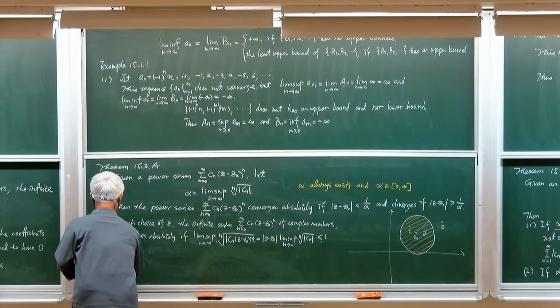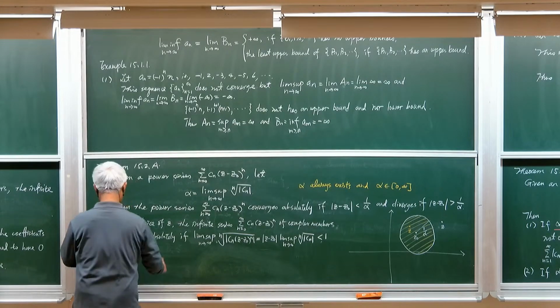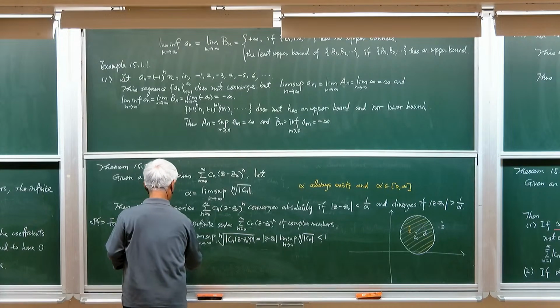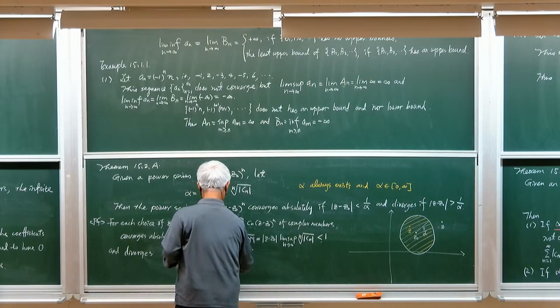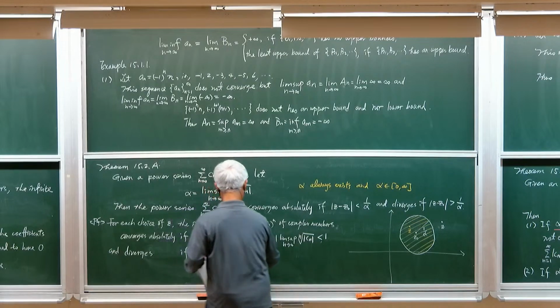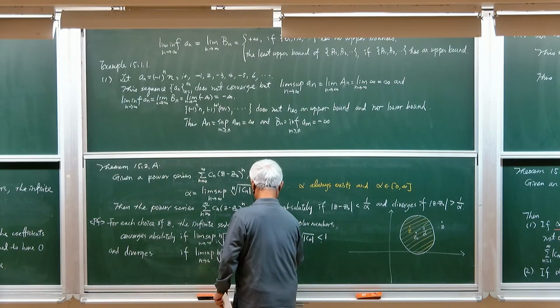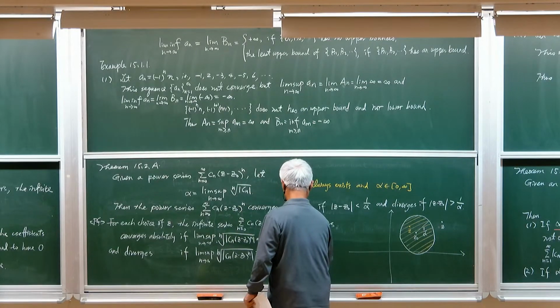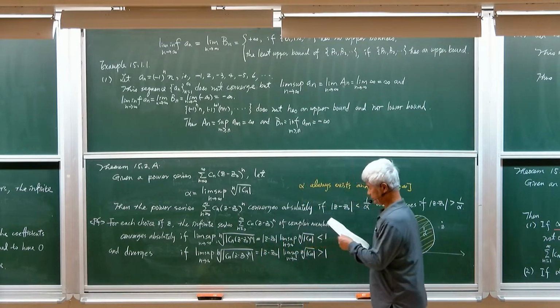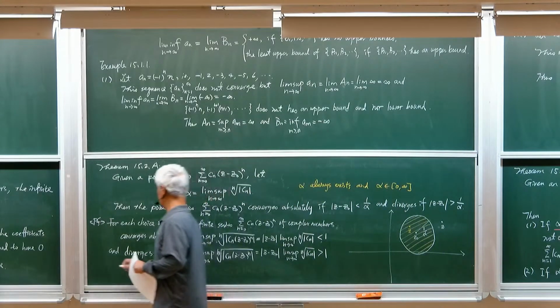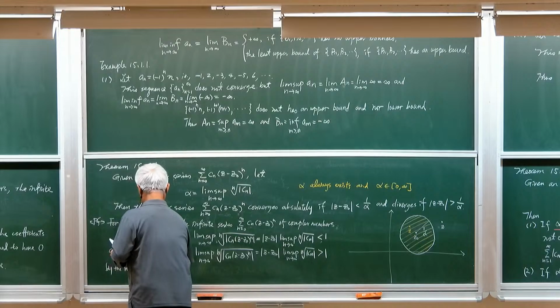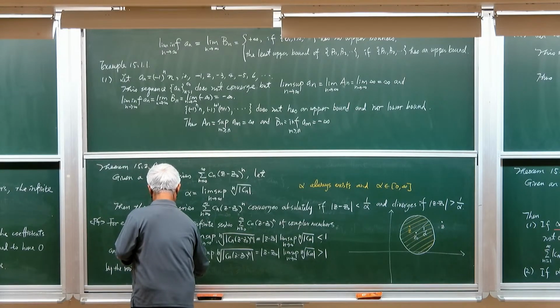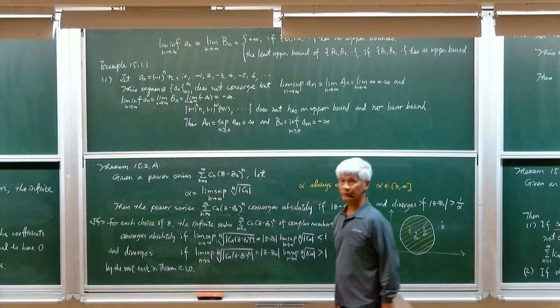And it diverges if the lim sup is greater than 1, by the root test in theorem 15.1.0. So we see it's here.